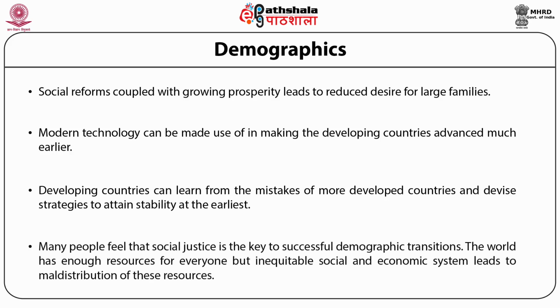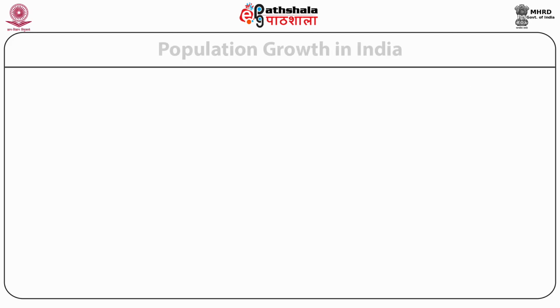Many people feel that social justice is the key to successful demographic transition. The world has enough resources for everyone, but inequitable social and economic systems lead to maldistribution of these resources.